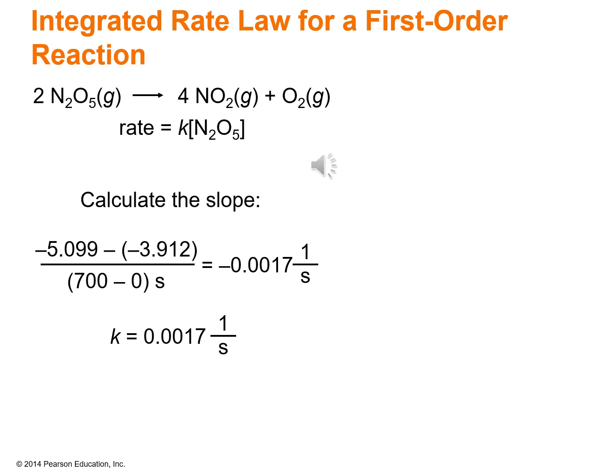Because the data points are lying on a straight line, the reaction is first order in N2O5. The slope of the line, again, can be determined from the coordinates of any two widely separated points on the line, and the rate constant, k, can be calculated from the slope. k in this case becomes 1.7 times 10 to the negative 3 per second. Note that the units of k are the units that you would expect for a first order reaction.